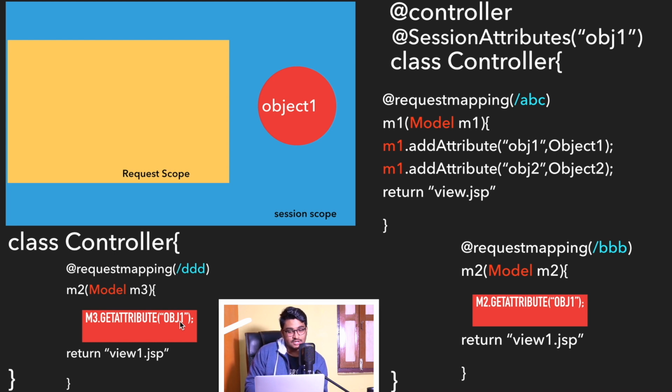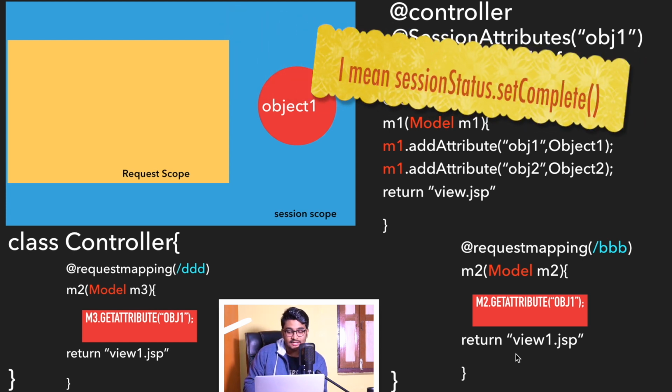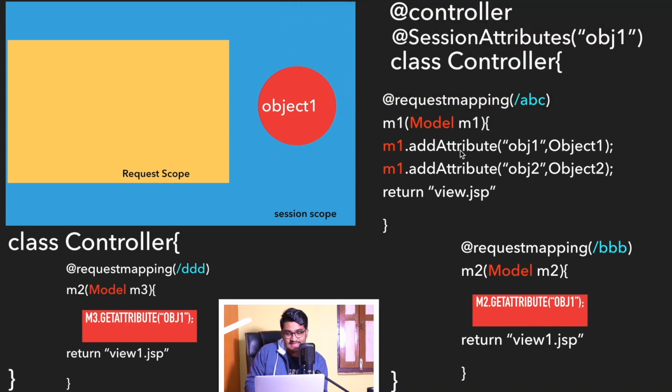You can see that here inside this controller, I have not called the complete status method anywhere. Did I call SessionStatus.setComplete right here? No. Did I call it right here inside this particular method? No. So as a developer, I haven't called that setComplete method to remove the attribute obj1 from the session. That's why this object 1 is still there in the session.